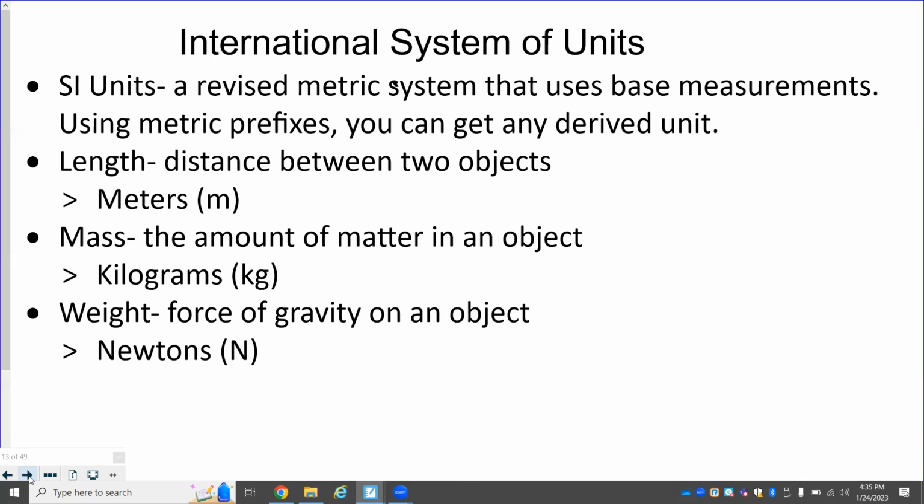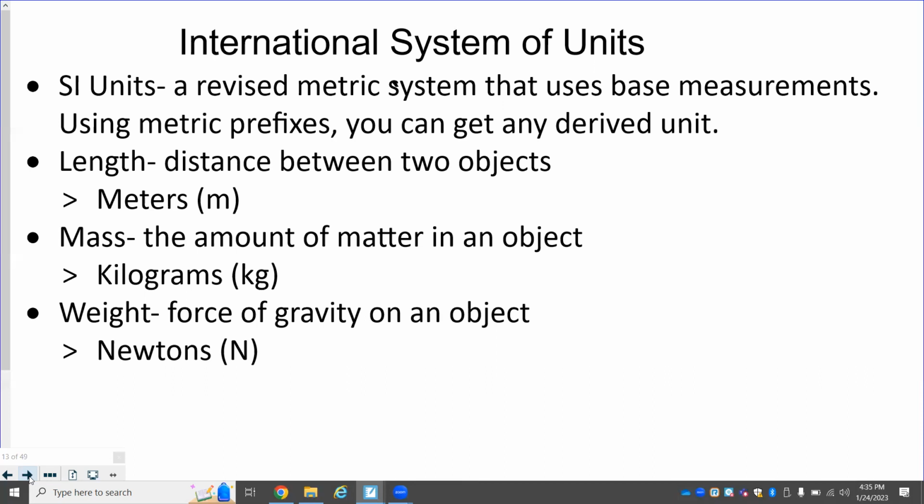So length is going to be the distance between two objects. It might be the distance from a desk to the door. So there's two reference points we're dealing with. We tend to measure length in meters. Now, meters isn't always going to make sense for what we're measuring. If you're measuring the width of your pinky finger, that is not anywhere near a meter long.